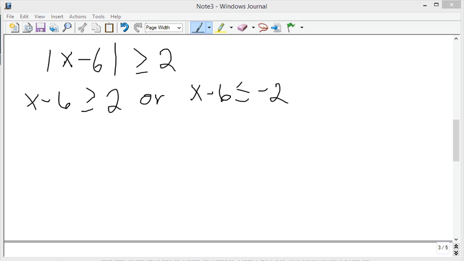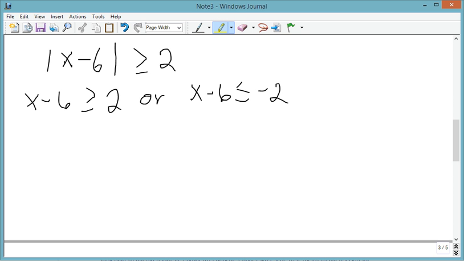So once again, once you have the absolute value by itself, you split it into 2, because this is a greater than, this is an or. Now we can just solve each one.